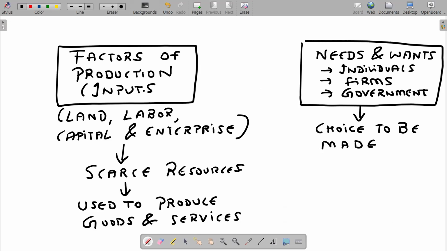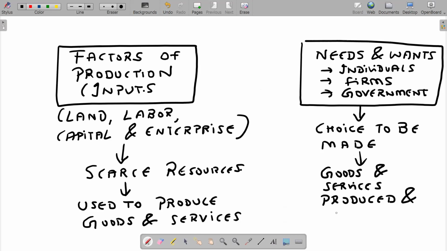They need to make a choice regarding how many goods and services to produce, how many goods and services to consume. Firms and the government have to decide how many goods and services to produce. Individuals decide how much to consume. Goods and services produced and consumed. So this is just a flowchart summing up the concept we have covered so far. Okay, so hoping all students have understood this.